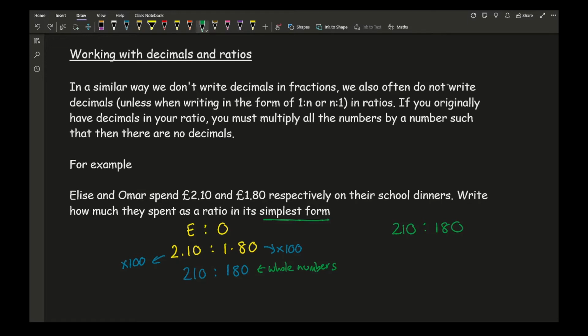Here I notice straight away that both numbers are in the 10 times table. So I've got 21 to 18. I can divide both numbers by 3. So I've got 7 to 6. And there is my final answer because I can't simplify that any further. So the ratio of Elise and Omar's expenditure in its simplest form is 7 to 6.